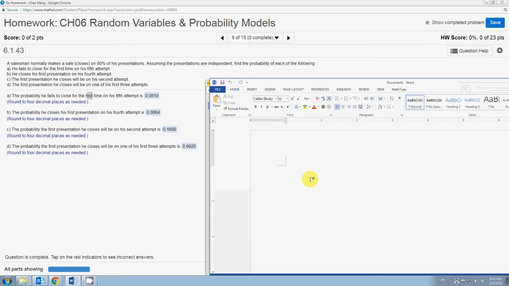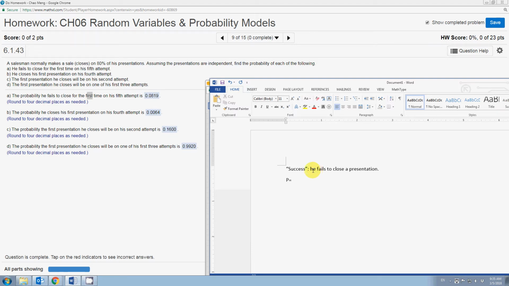So success in this case is, let me put quotation marks there, because it doesn't have to be a real life success. Because success is the event or outcome that we are interested in, success here is he fails to close a presentation. Then let's find the P. P is the probability of success.